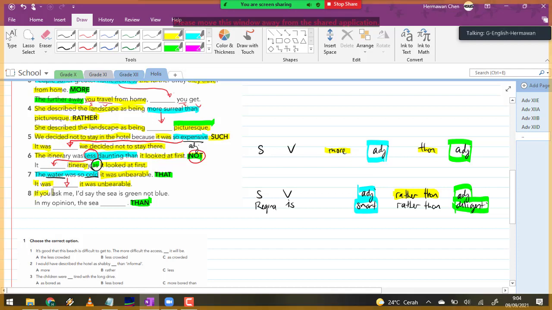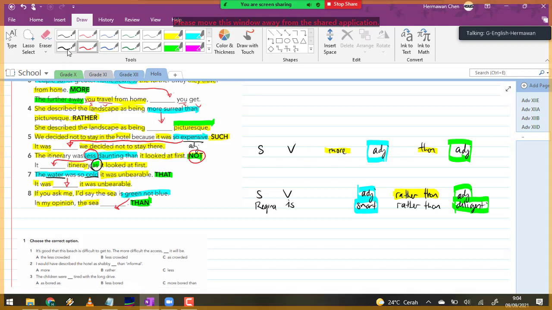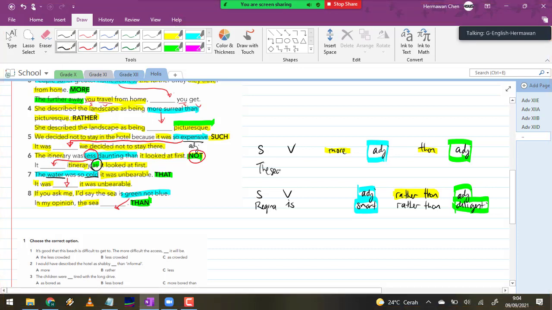This one, if you ask me, it becomes in my opinion, I'd say the sea. What is missing? This one is missing. Green, not blue. You have to put it here in the blank. The sea is green, not blue. Let's put it. The sea, that's the subject.